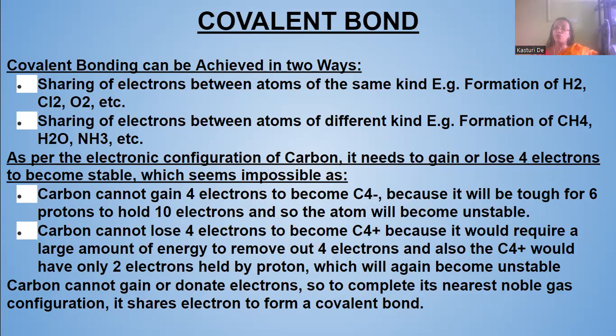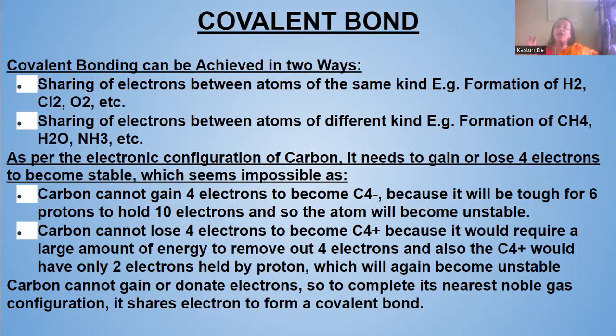If it gains 4 electrons, the number of electrons will be 4 plus 6, that means 10 electrons. To hold these 10 electrons with 6 protons is impossible, and it will make the atom unstable.